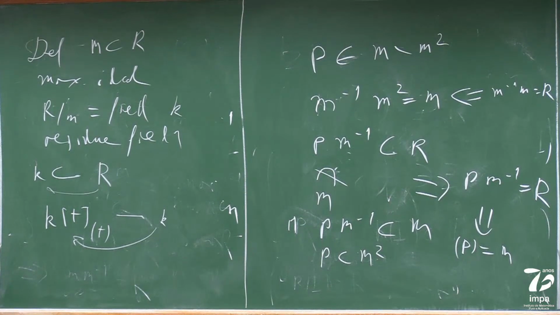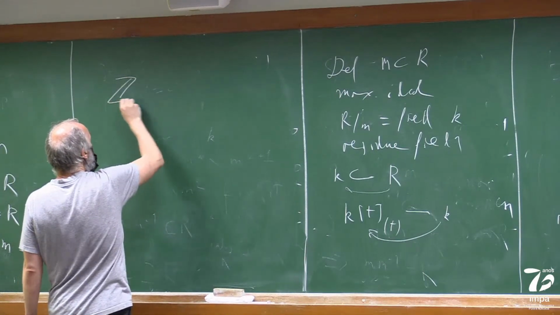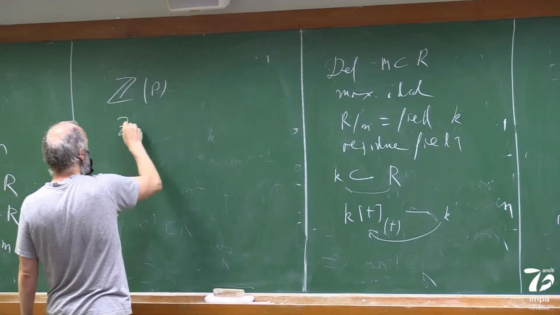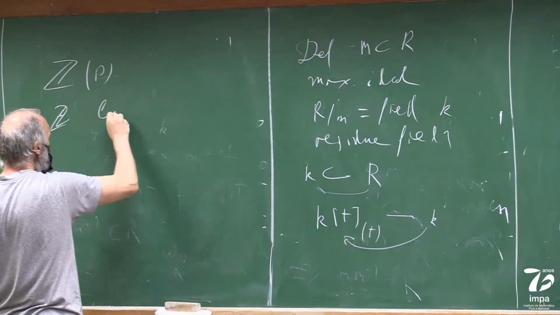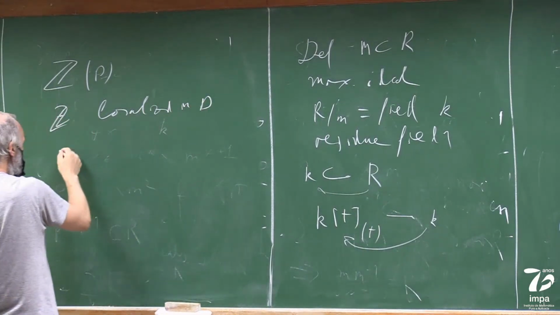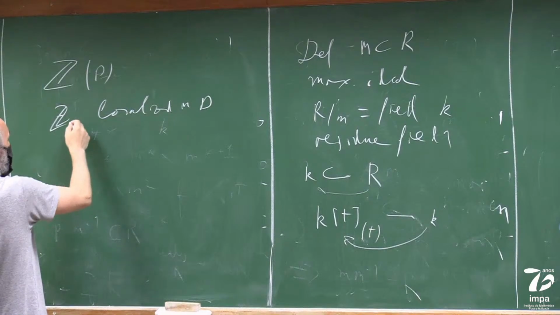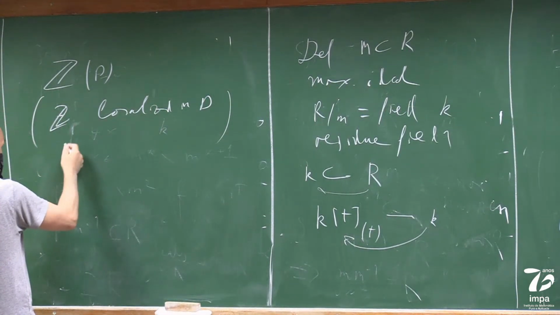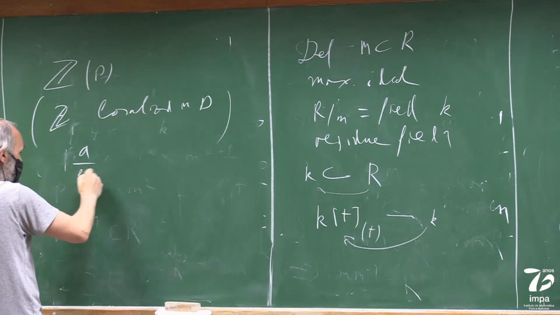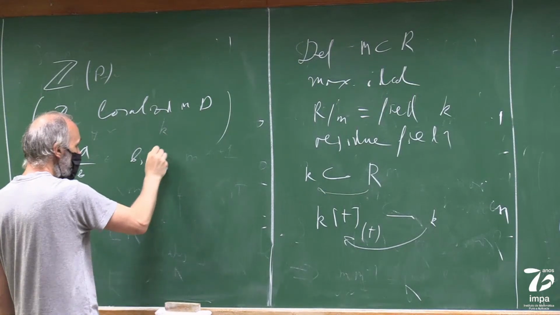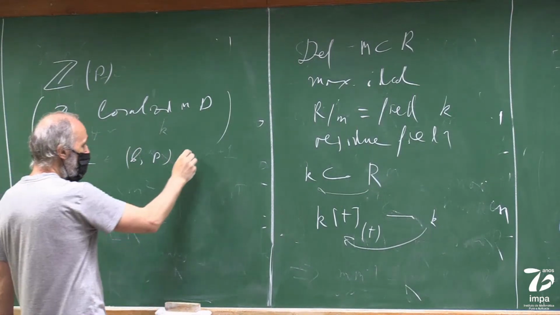And there is an example. Again, you have Z localized at P. This means that it's the ring of all fractions A divided by B, with B and P coprime.